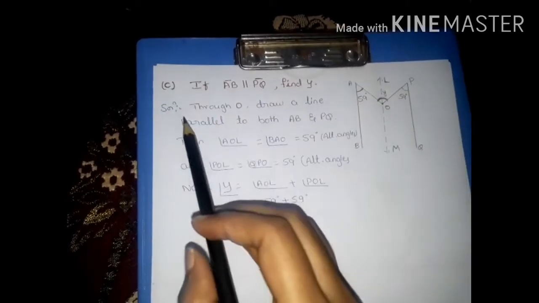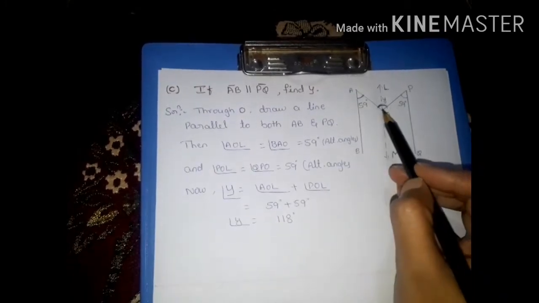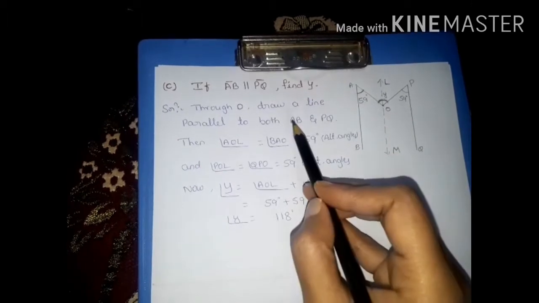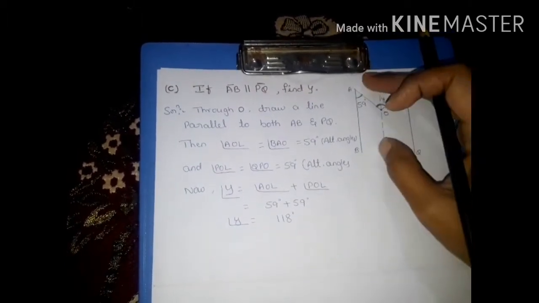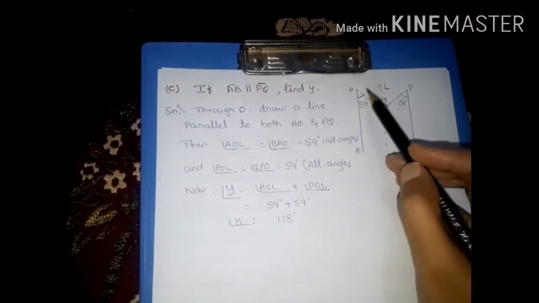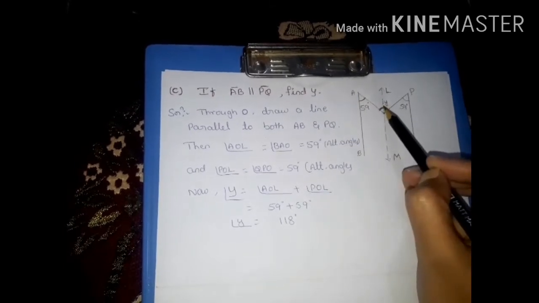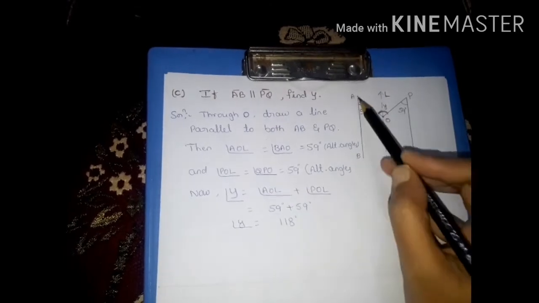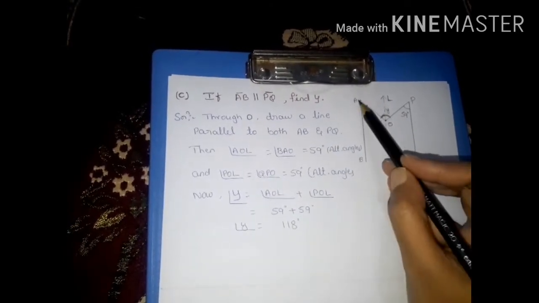Now in the solution, what do you have to write? Consider this point as O. Through O draw a line parallel to both AB and PQ. Then angle AOL is equal to angle BAO.